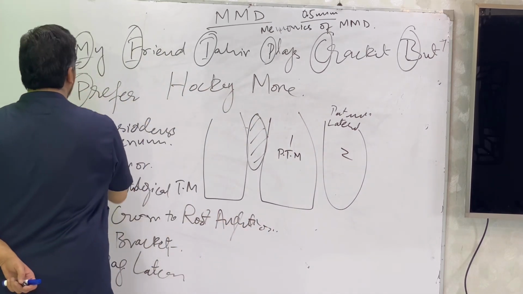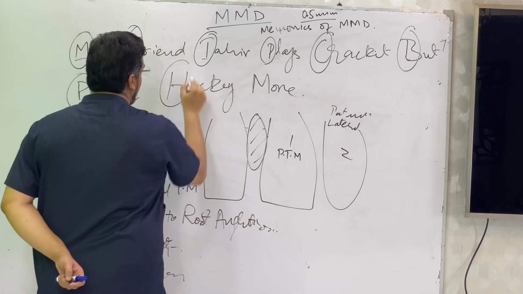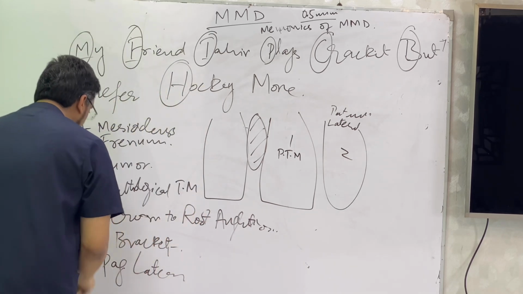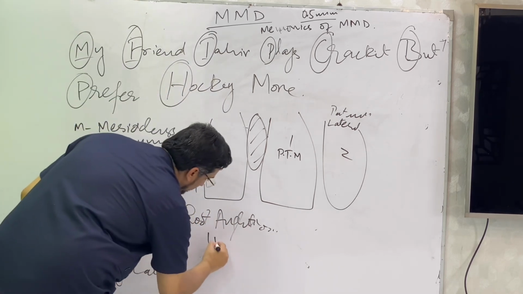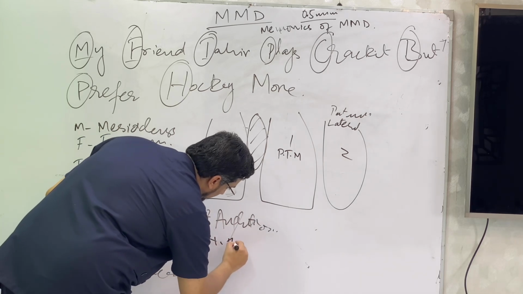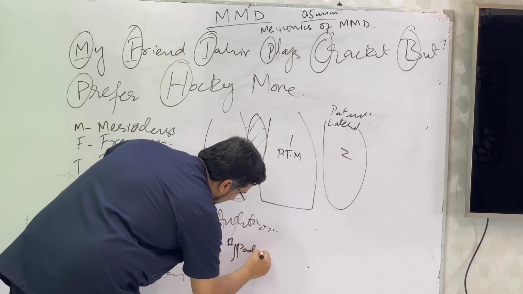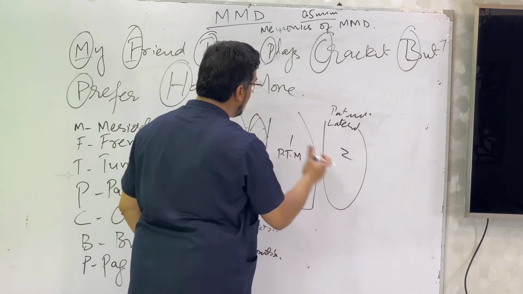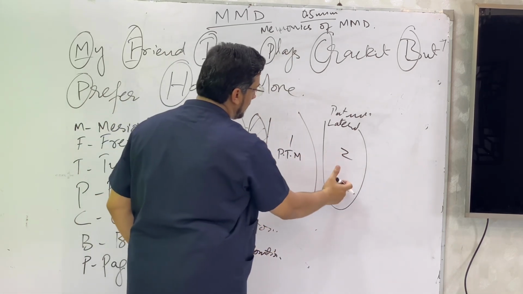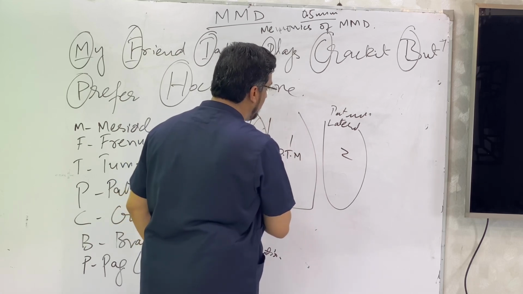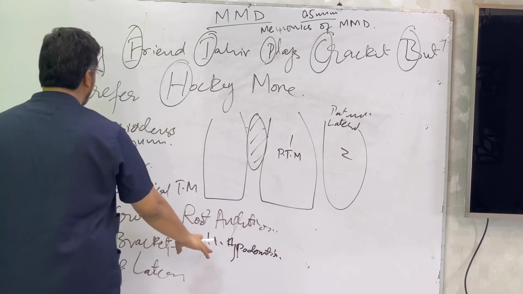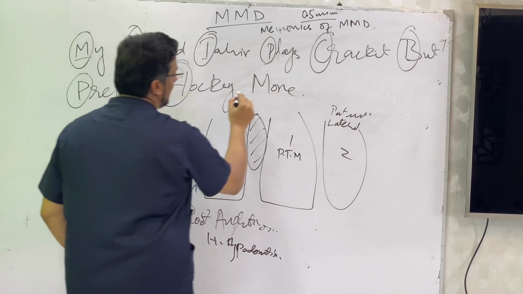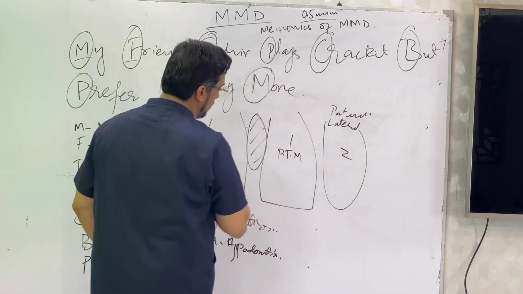So P stands for palatal. The H stands for hypodontia. If the lateral incisor is congenitally missing, obviously the central incisor moves into this place and you would have a gap between the central incisors. So H stands for hypodontia and M stands for microdontia.